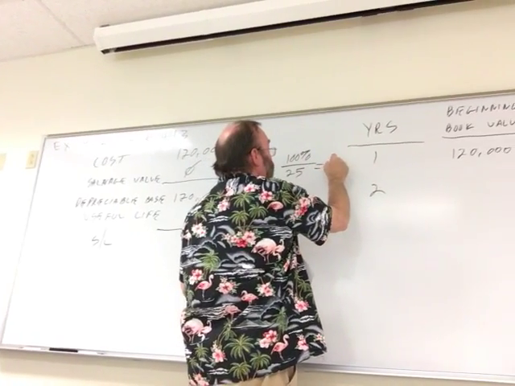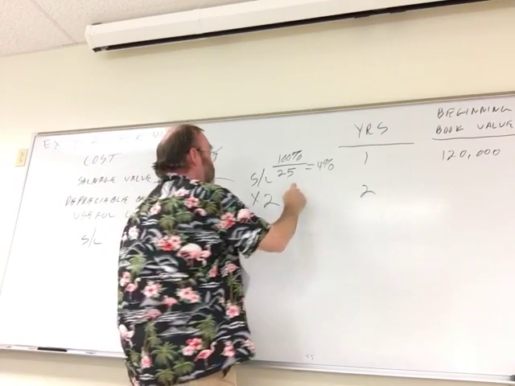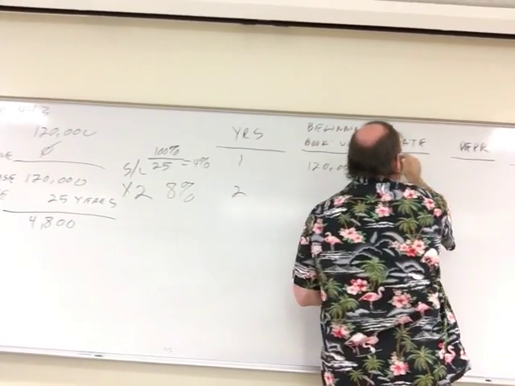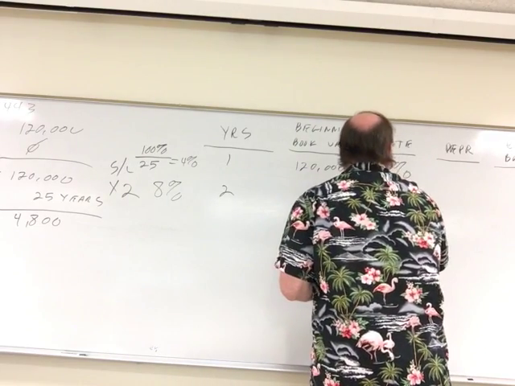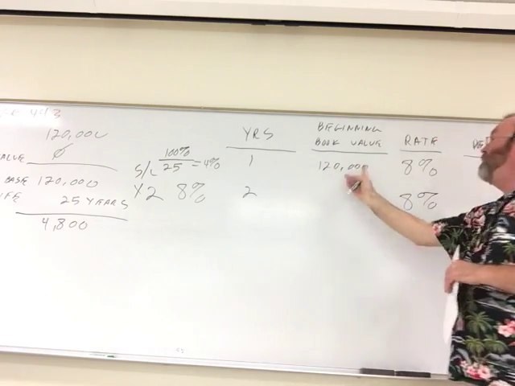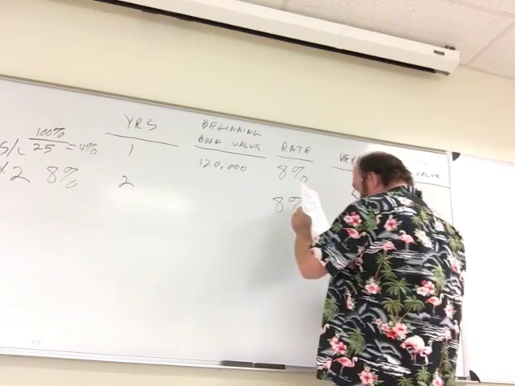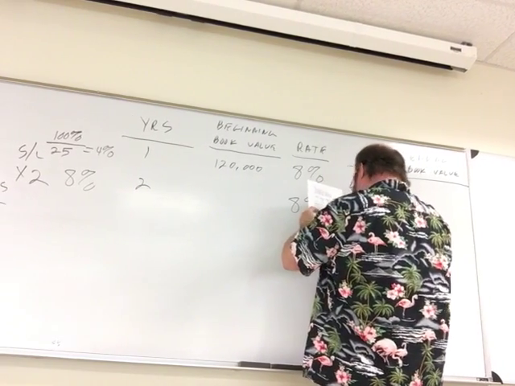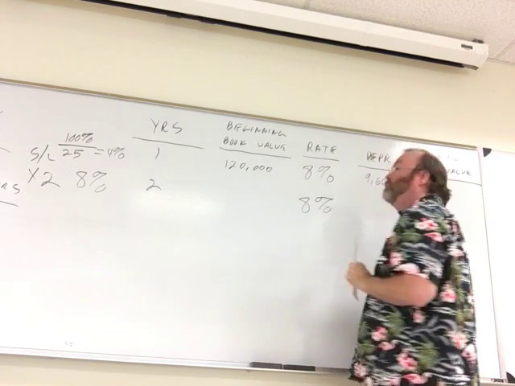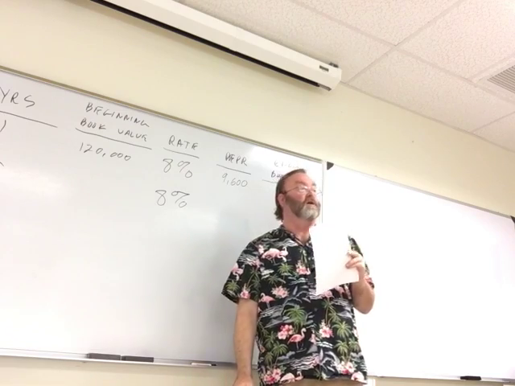That equals 4%. Double that, 8%. If you multiply the beginning book value by 8%, you will get $9,600 in depreciation expense for the first year.